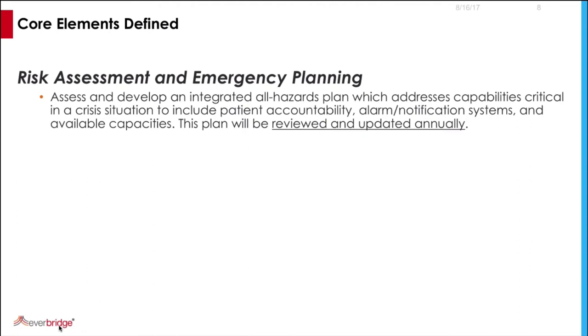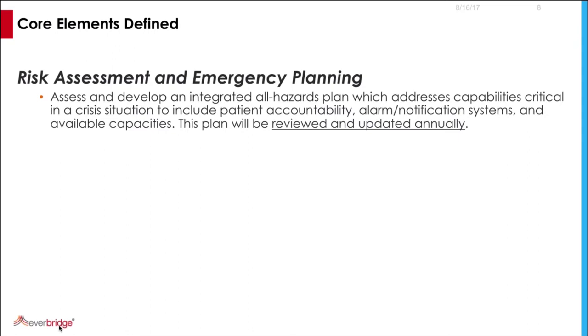Breaking these elements out a little bit, the risk assessment and emergency planning: we must assess and develop an integrated all hazards plan that addresses the capabilities specific to our organization or our facility. Each of the facilities are different, and I'm sure all of you on the call have looked at the guidelines, have looked at the interpretive guidance, and you see the 17 different provider types and facilities that are identified.